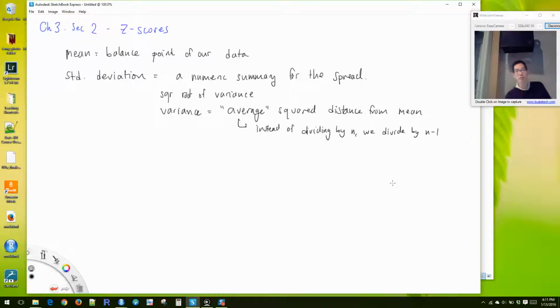Okay, so these are combined in a concept known as the Z-score. The Z-score can be thought of as the distance from the mean measured in standard deviations.